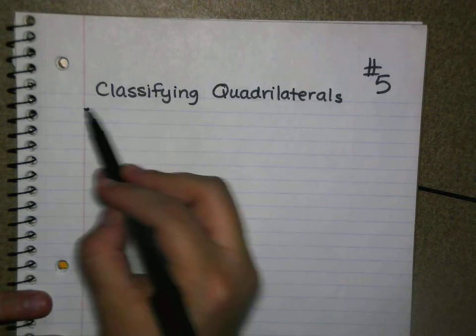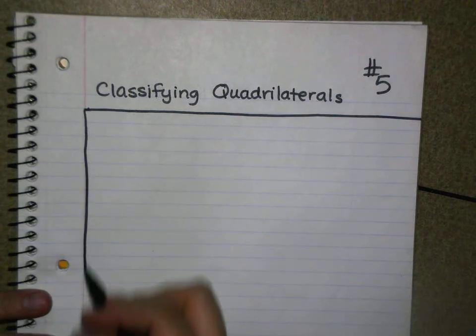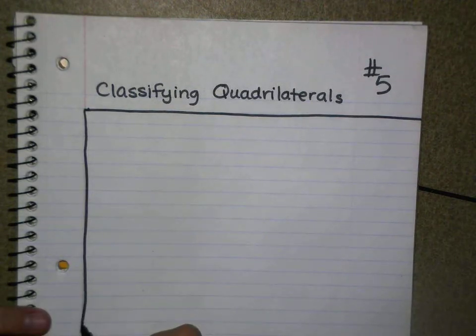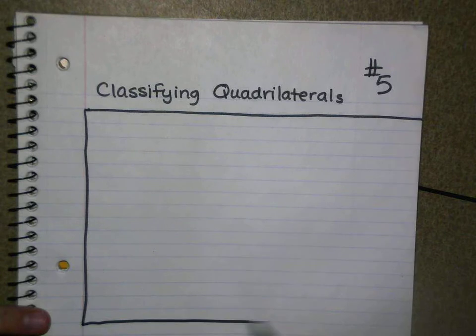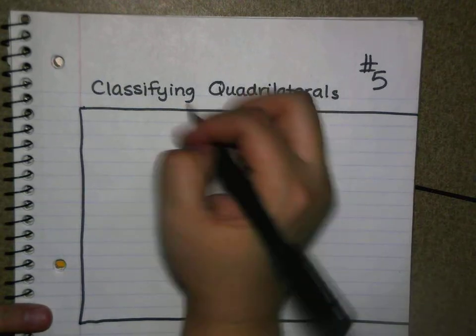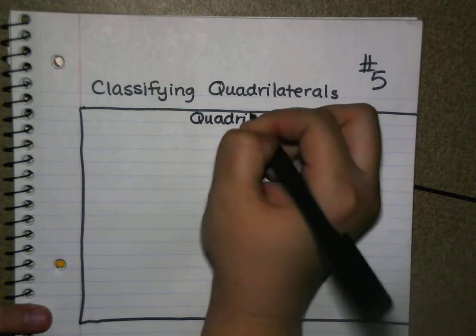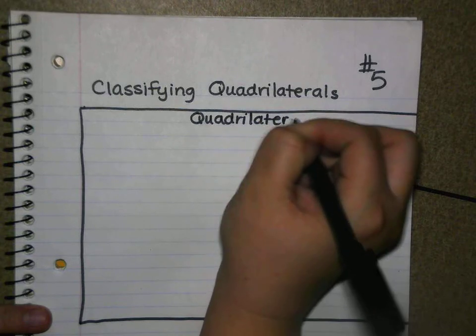So you're going to go ahead like this and then bring it down like this. It's probably big enough. I'm going to go with it's about a half sheet. Okay, and then we're going to title this whole thing quadrilaterals.